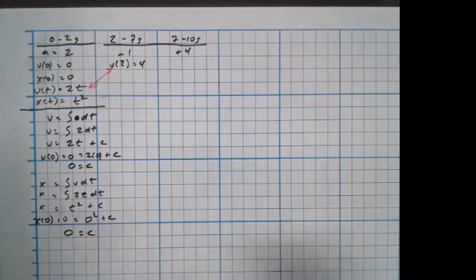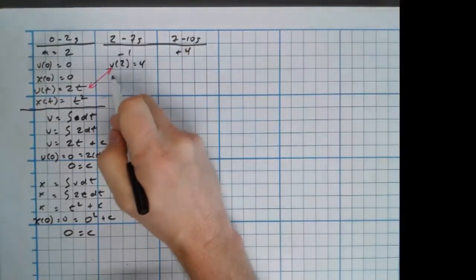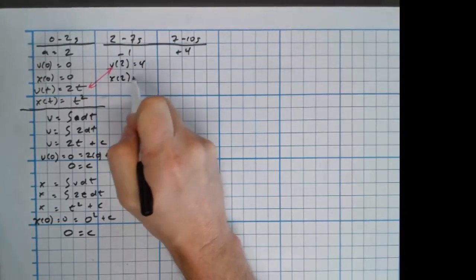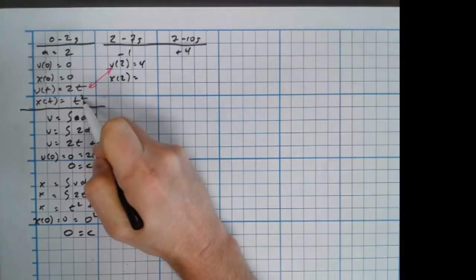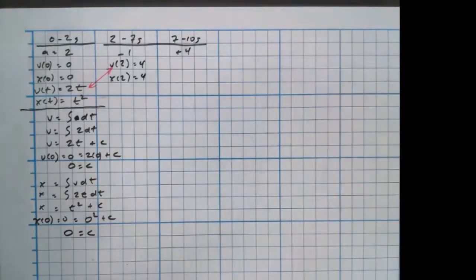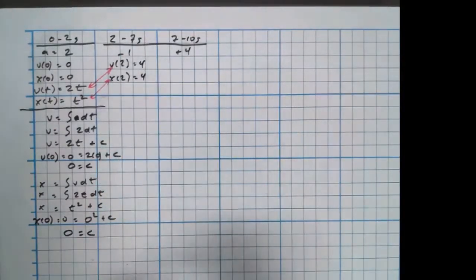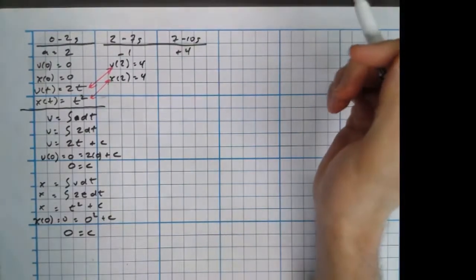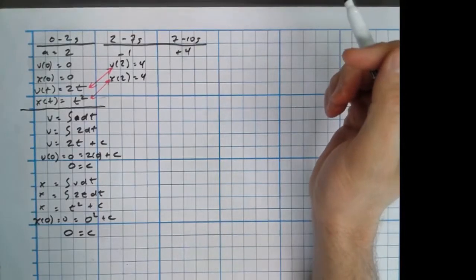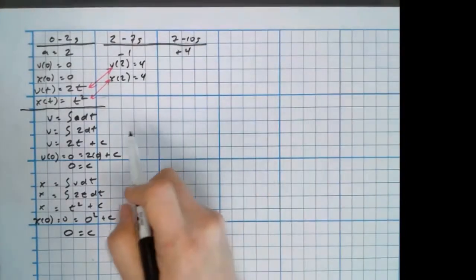And then I want to do the same thing for the position. The position at time 2 is 2 squared. That's also 4. So I'm getting that one from there by plugging in the time that is the endpoint of that domain.